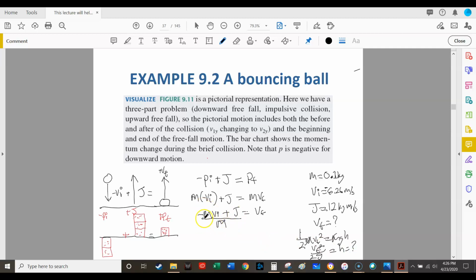Cool. Well, this is negative 0.1 kilograms times 12, and that's kilograms meters per second, divided by, that 12 is not our initial velocity coming in. That initial velocity coming in is actually negative 6.